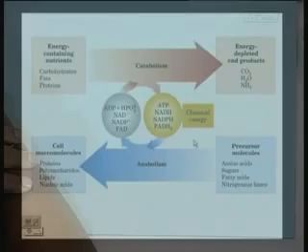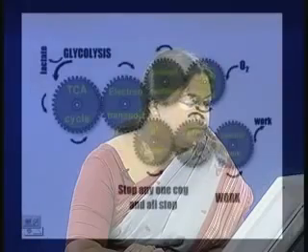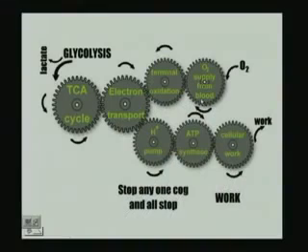Now, if we look at the whole process, it is extremely interesting. Okay. This is like a gear system. We have the process of glycolysis, which we are going to study in our breakdown of glucose in the metabolism that we are studying. The glycolysis leads to the TCA cycle, which is the tricarboxylic acid cycle.